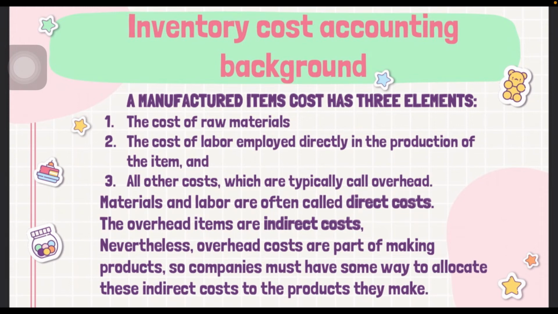Overhead can also be allocated to a product using direct labor hours or material cost. The company decides how to allocate overhead cost based on what makes the most sense in its production environment.